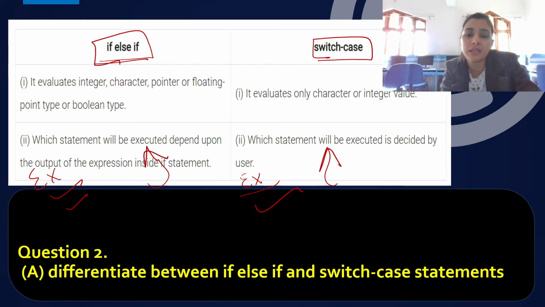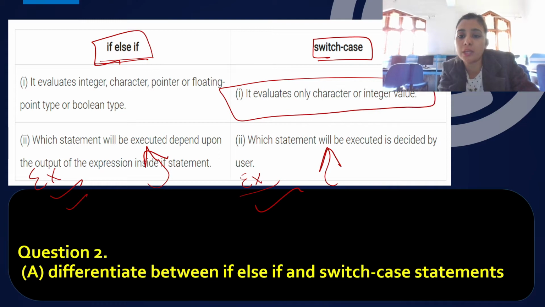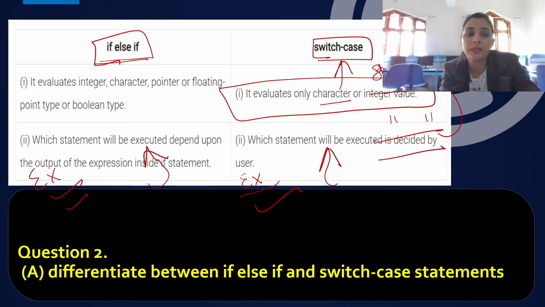The main thing here is that you can use not only integer and character, even in the latest version we can use string also when checking the condition, meaning double quote is also allowed, and double quote means string. But here integer, character, float, boolean, anything, right?